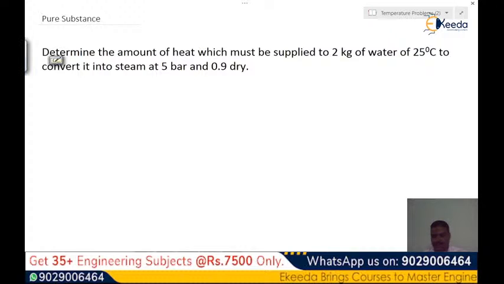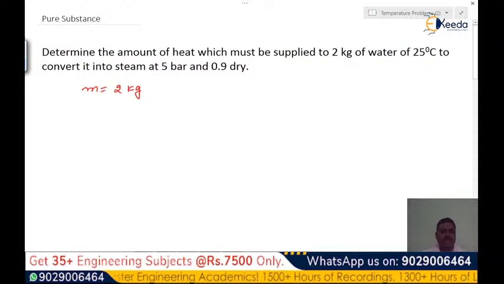So here once again we have 2 kg of water. The mass is 2 kg, and its temperature at state point 1 is 25 degrees Celsius.